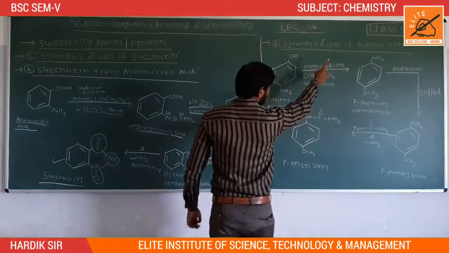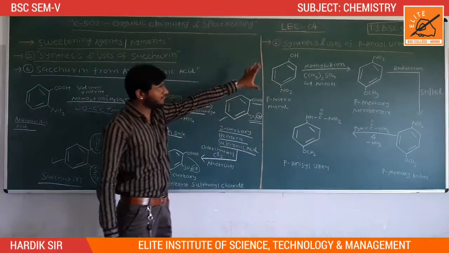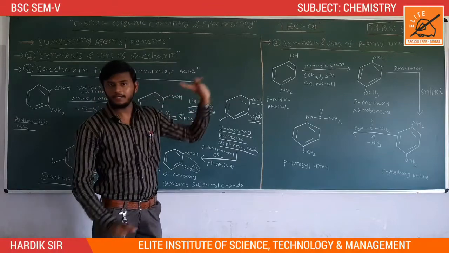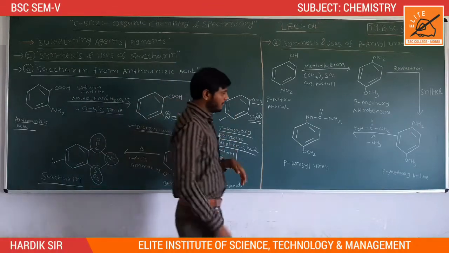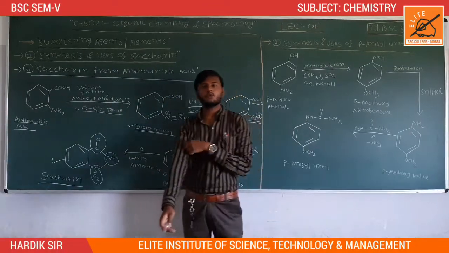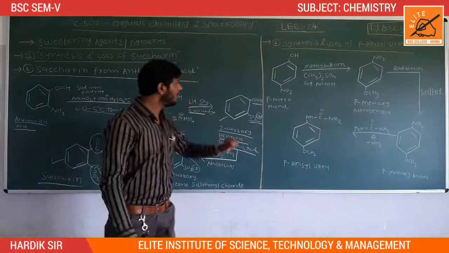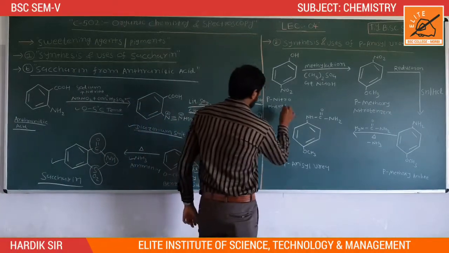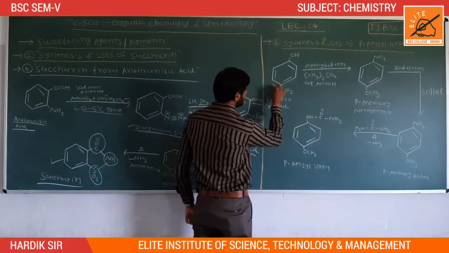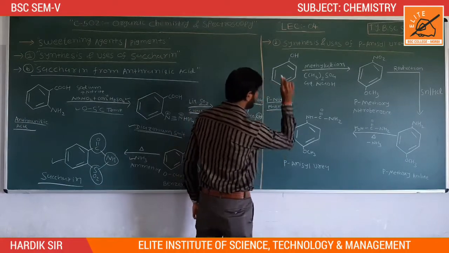This is our second sweetening agent, P-N-acyl urea. Now we will learn about the synthesis of P-N-acyl urea. It starts with para-nitrophenol. This is the structure of para-nitrophenol.